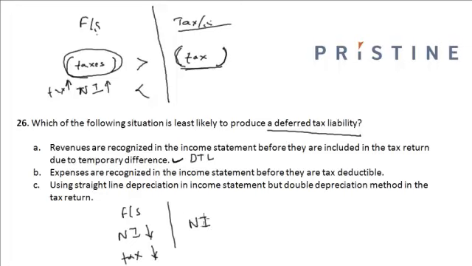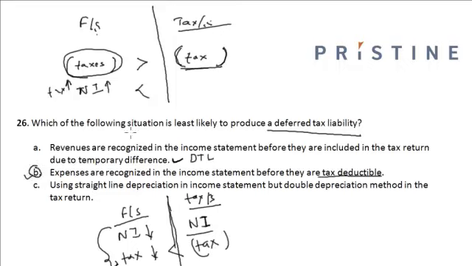Whereas the expense has not been recognized in the tax statement, so my net income remains unaffected, and my tax as per the tax statement will be greater than the tax under the financial statement. Hence it will create a deferred tax asset, not a deferred tax liability. So this is the option we are looking for, because we have been asked which situation is least likely to produce a deferred tax liability.